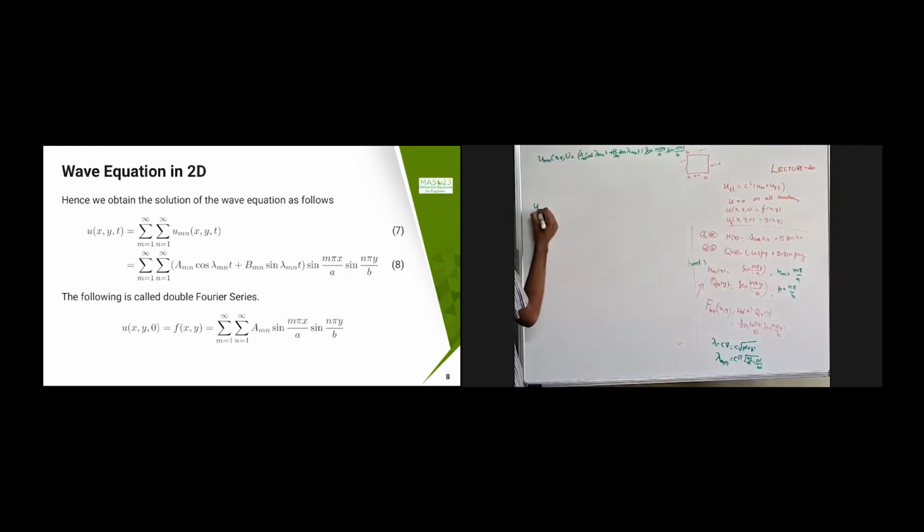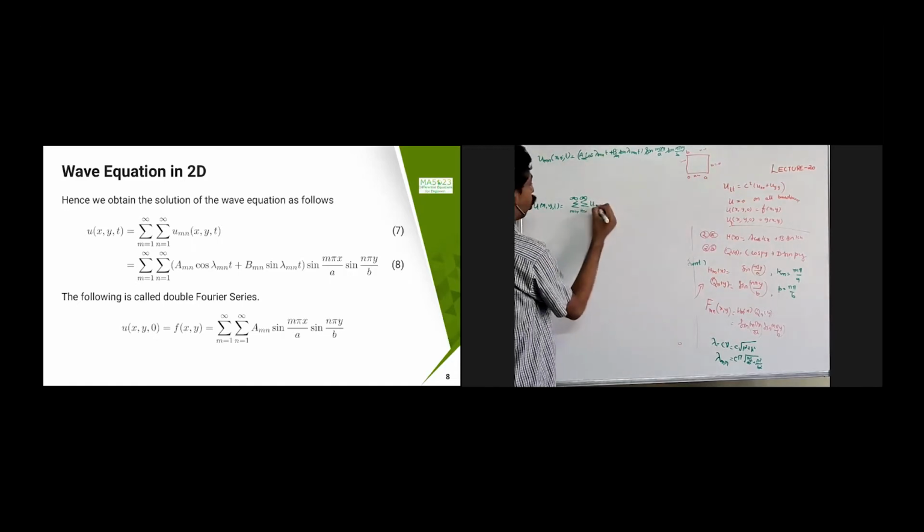So u(x, y, t), I can write it as a double summation, m equal to 1 to infinity and n equal to 1 to infinity, of u_mn(x, y, t).